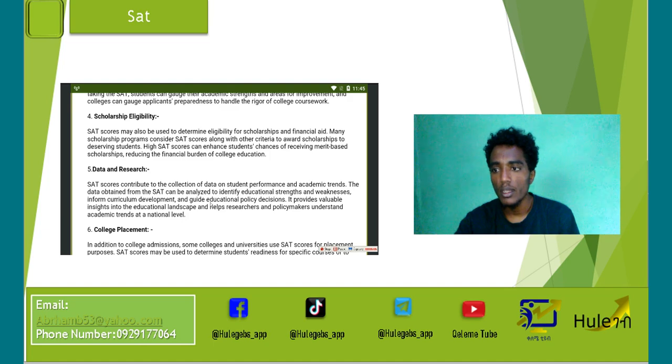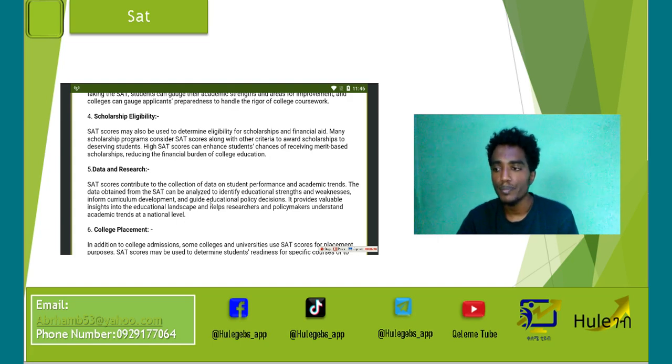The other reason is that it's helpful for scholarship eligibility. Once you take the SAT, the scores are used to determine students for possible scholarship opportunities and to gain financial aid from different universities. Many scholarship programs consider SAT scores along with other criteria to award scholarships to deserving students.